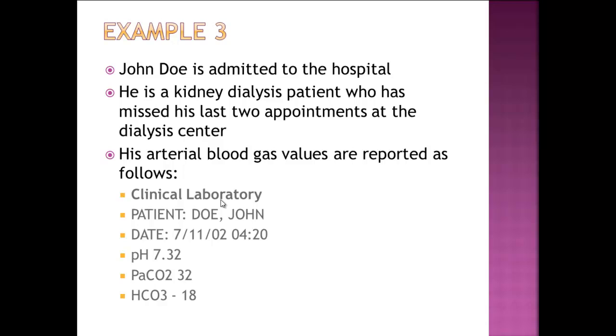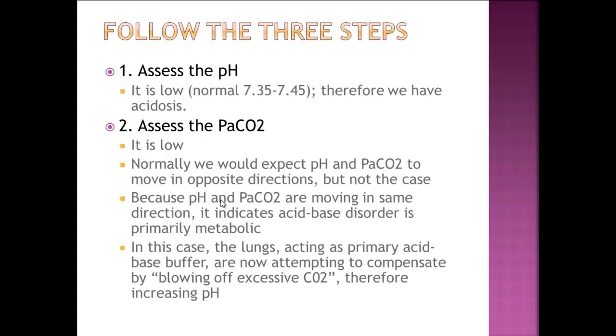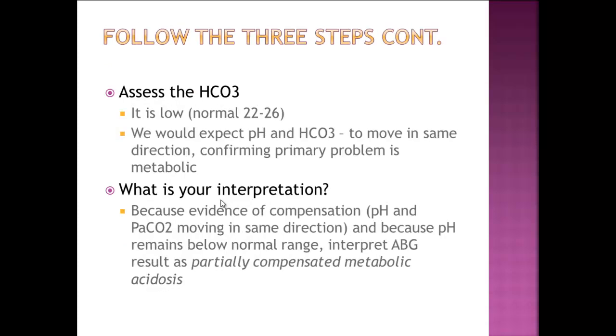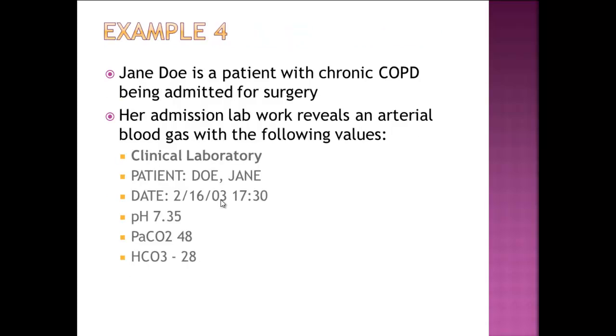And since the carbon dioxide levels are moving in a direction to make things more alkalotic, right? The CO2 is lowering, and when the CO2 lowers, the hydrogen ion lowers. So this is a metabolic acidosis with partial respiratory compensation. Okay? And this is just step by step talking through what I just said. Partially compensated metabolic acidosis.